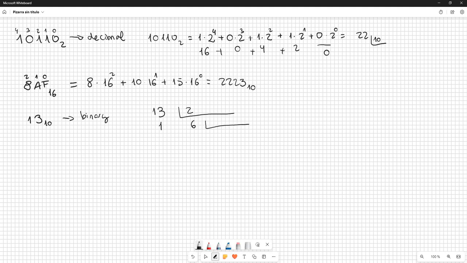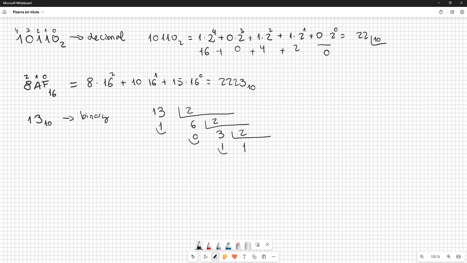Now we are going to continue with the divisions. This is the remainder. We continue with the division using the base. This is the remainder. Here we have already finished. So how are we going to construct the binary number?